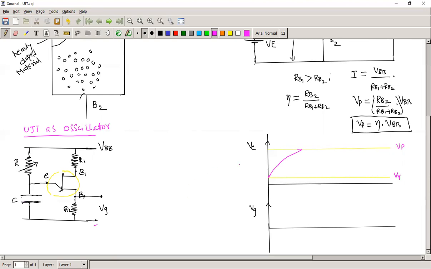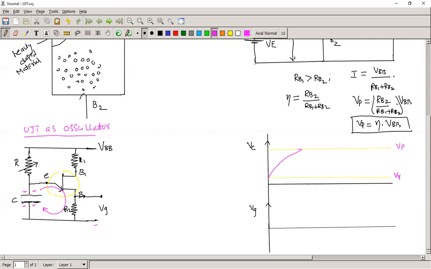Whenever this capacitor voltage reaches the peak voltage, the UJT will be on, because already we apply the positive voltage between B1 and B2. Once the UJT is on, this is the voltage across the capacitor. Now this capacitor will discharge through R2 fast, because this R2 is very, very small.